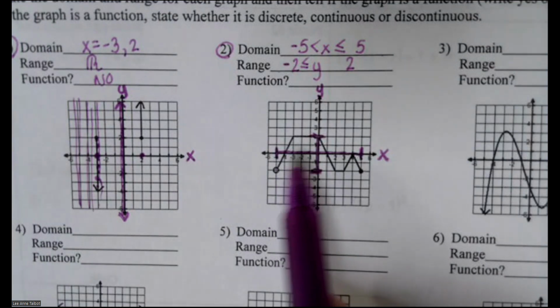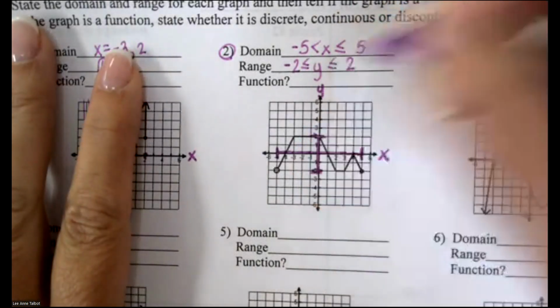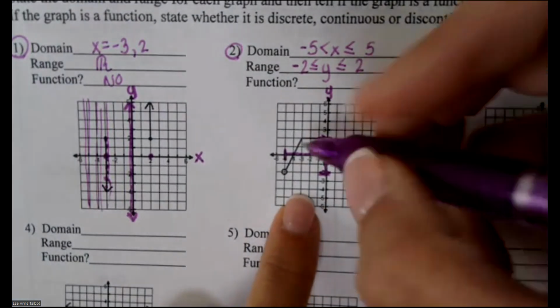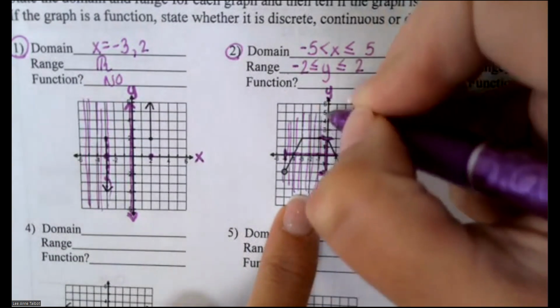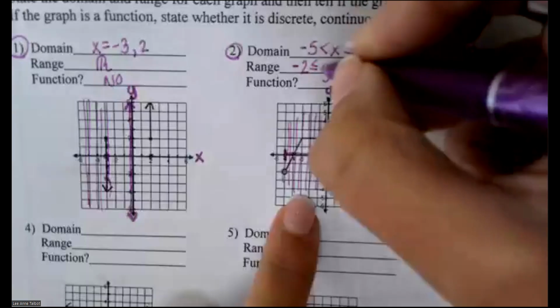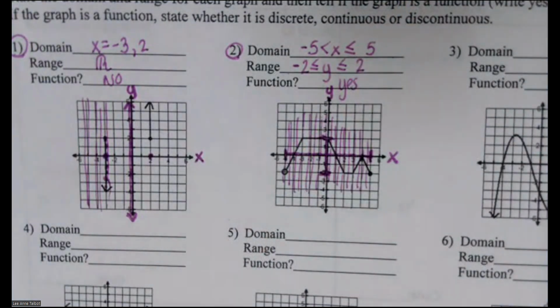Okay, does it touch +2 anywhere? Yes. It's closed. Okay, is it a function? Vertical line test. Am I hitting anything twice with any of these vertical lines? No. So that means it passes. And it is a function.